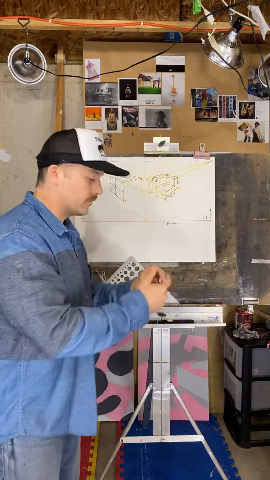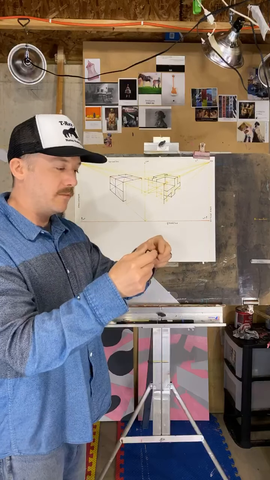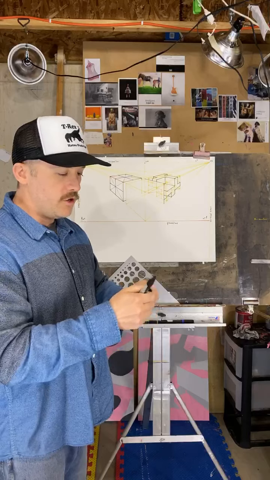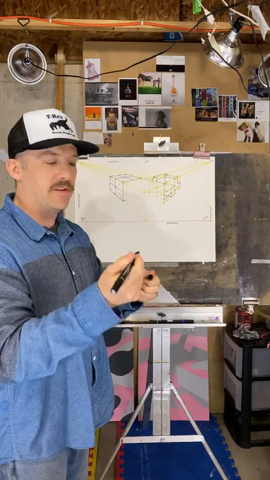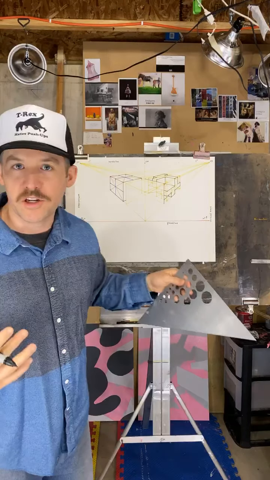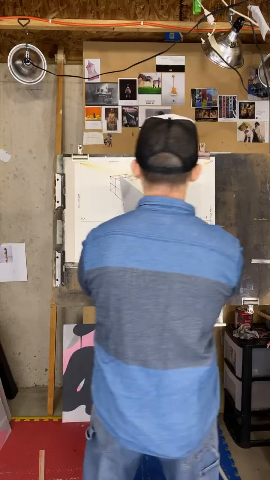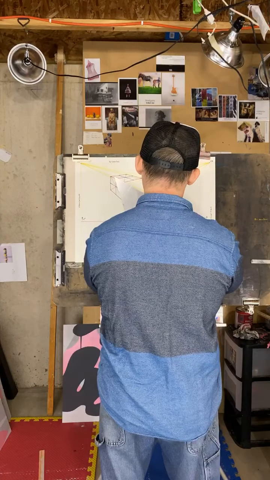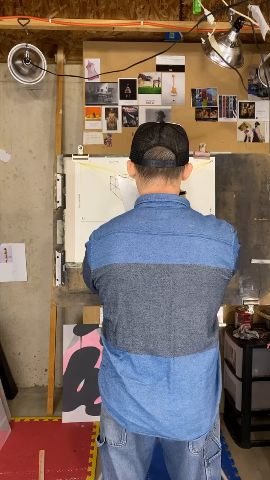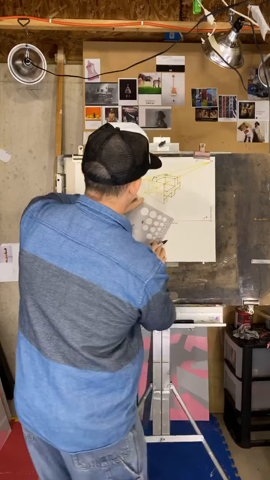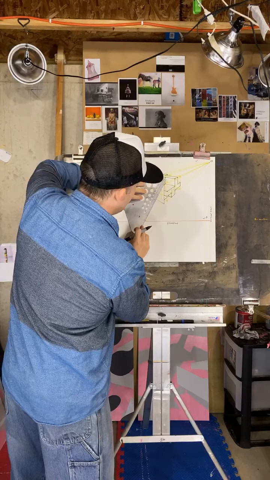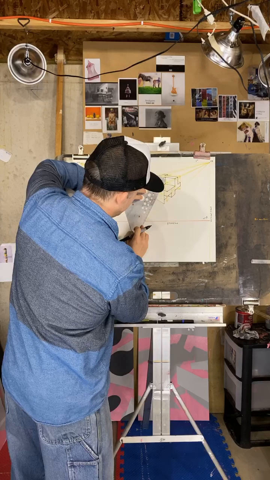So, to start off, you're going to, let me see if I have the right tip here, there we go, we want to use this tip. You're going to make your X formation, just like before. The X formation goes on the corners of your cube in perspective.